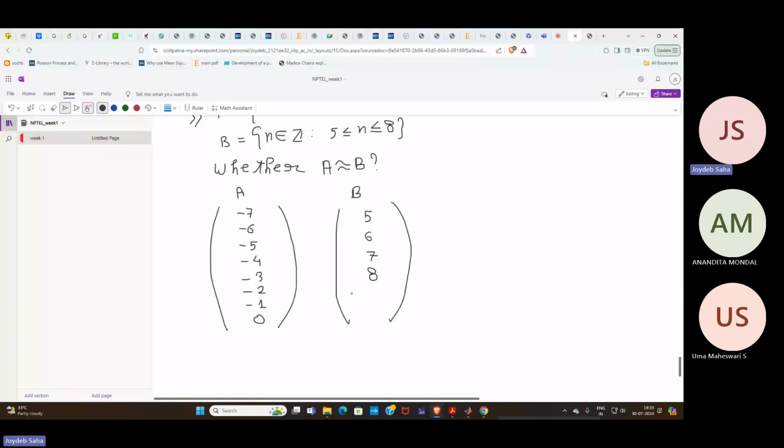So if we map like this, you can see from here that A and B are not equicardinal, or the cardinalities are not the same.